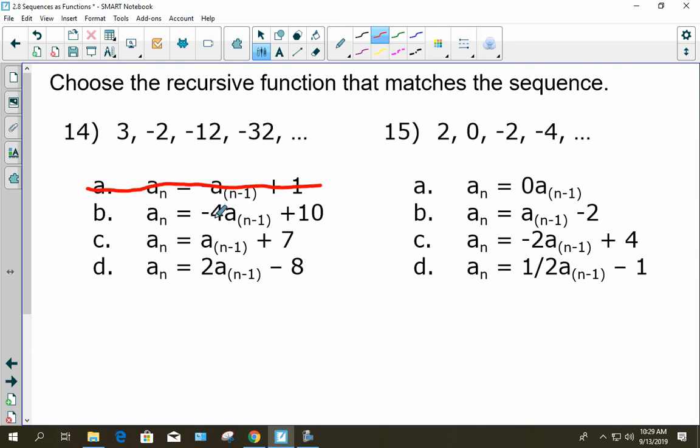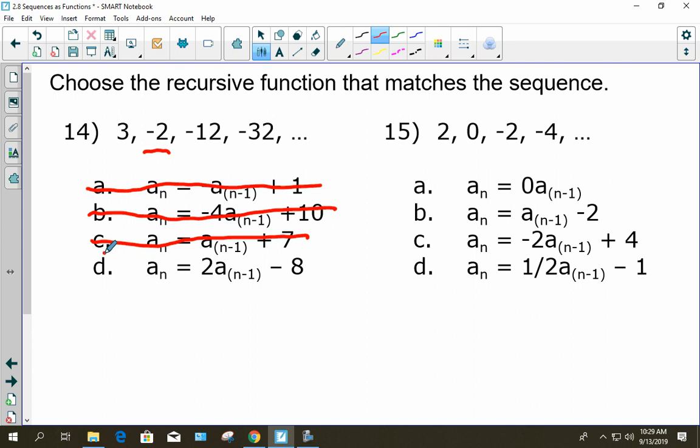Negative 4 times 3 is negative 12, plus 10 is negative 2. So that works. Let's make sure it continues to work. Negative 4 times negative 2 is positive 8, plus 10 is 18. That doesn't work. 3 plus 7 is not negative 2.